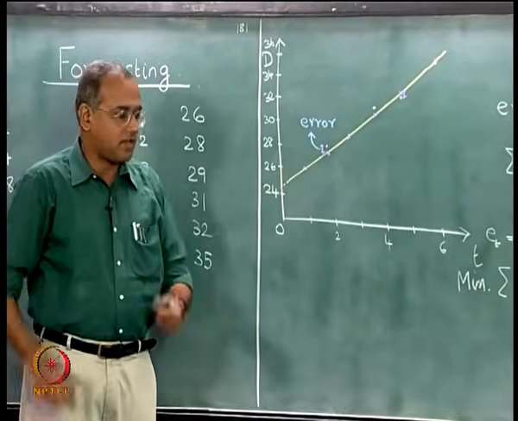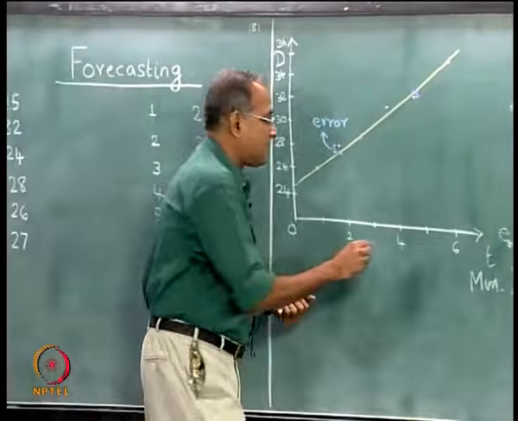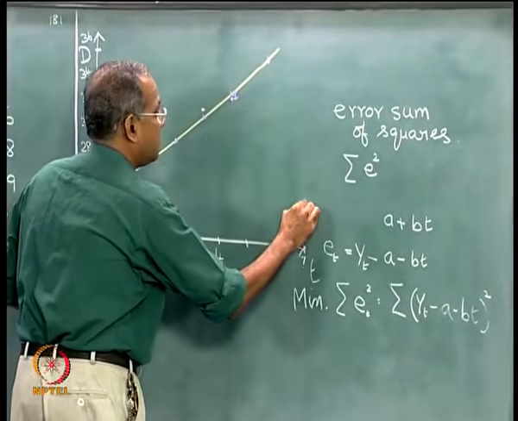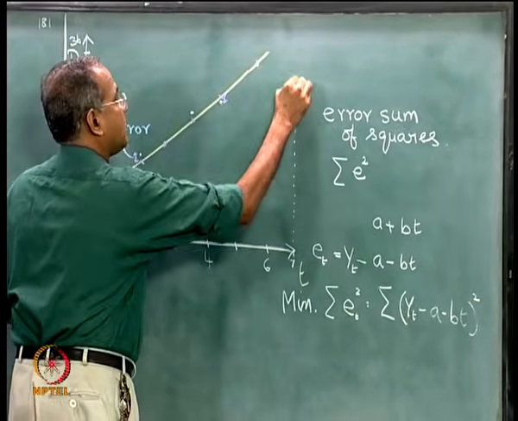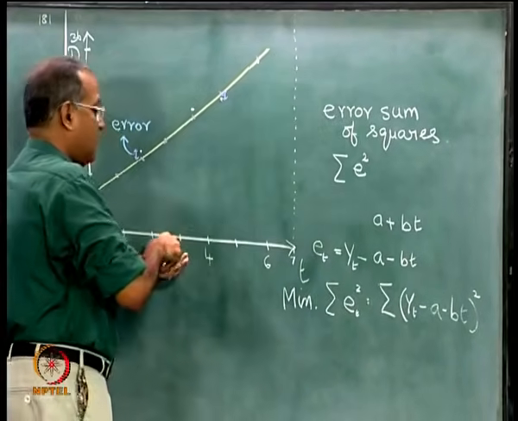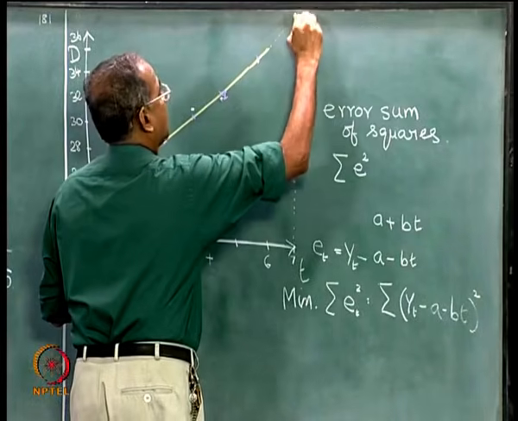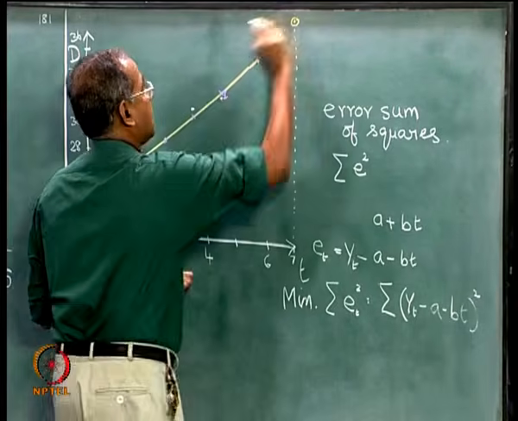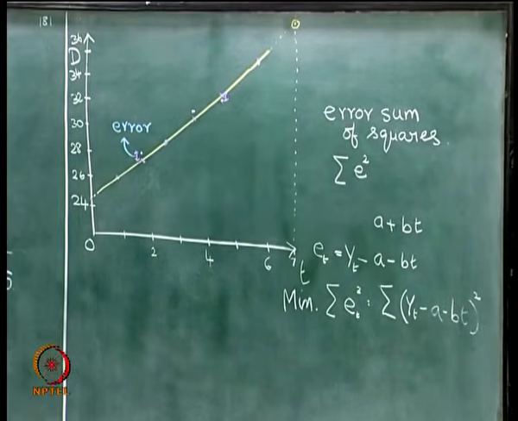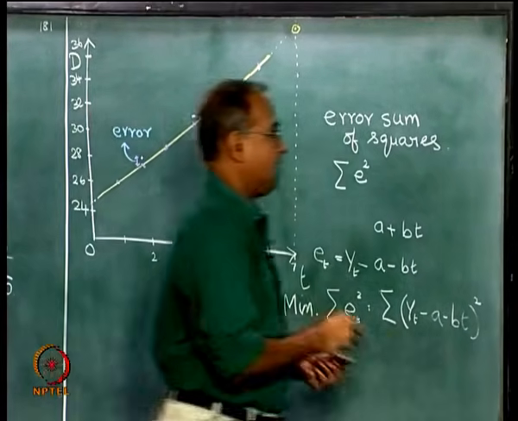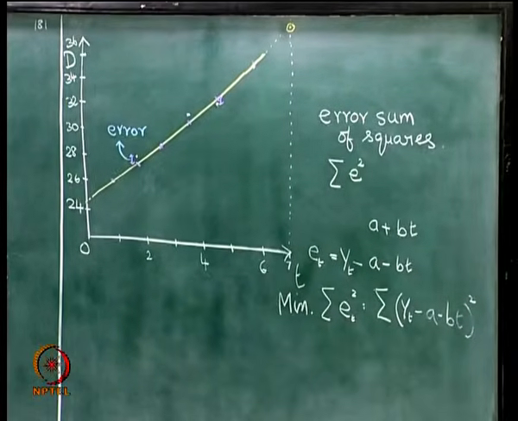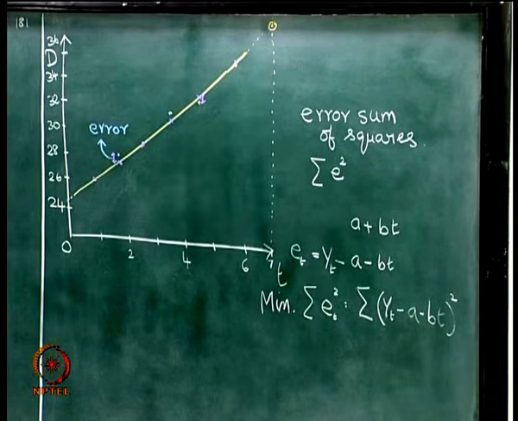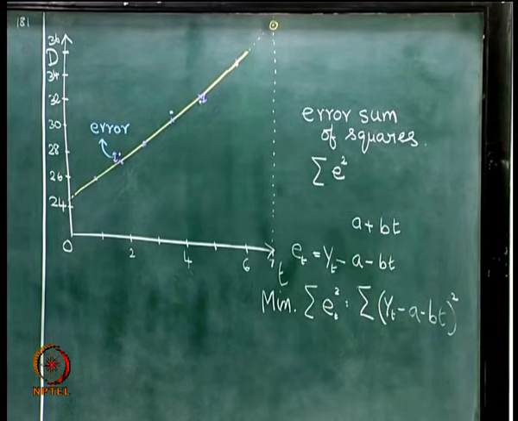So now for the 7th period, the forecast that we are going to make is the point corresponding to t equal to 7 on this line, which is what we are interested in as the forecast for the 7th period, and that is given by a plus 7b.